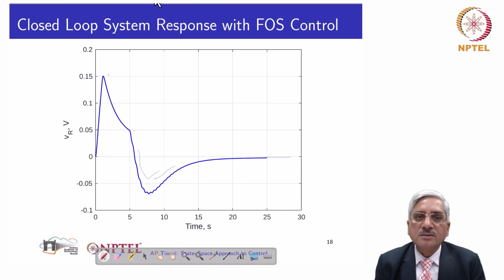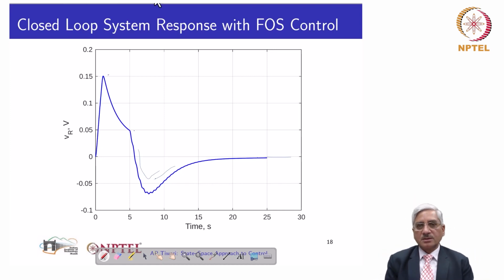Now we have seen 3 types of controllers: the linear output feedback controller, the periodic output feedback controller, and the fast output sampling based controller. And we see that because the periodic output feedback controller gave a lot of fluctuations in the control input, it is not a very desirable controller.